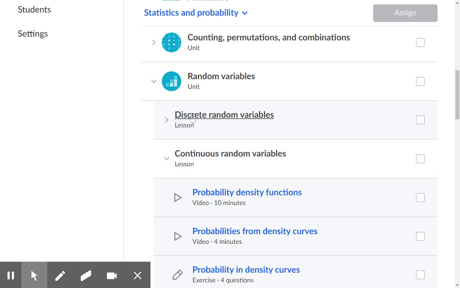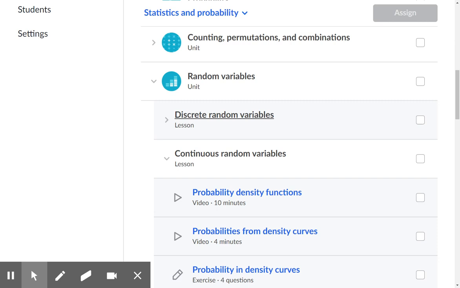Discrete random variables are random variables that take on values that we can count. Things like the numbers on a die, which is 1, 2, 3, 4, 5, 6. And continuous, the other side of it, are random variables that take on values that you can't really count, but you can measure.